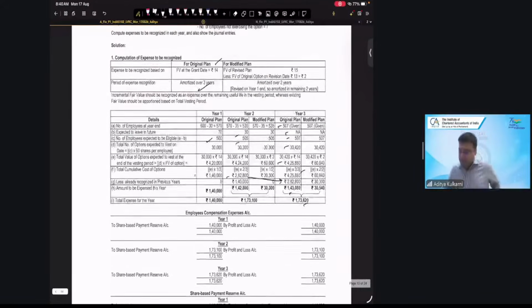Now when we look at the modified plan, modification happening in year 2. So therefore that has to be split over 2 years. So 570 minus 535, 30,505, 30,300. And then total value of options expected to vest at the end of the vesting period, 30,300 into 2. That is the repriced value into 2.